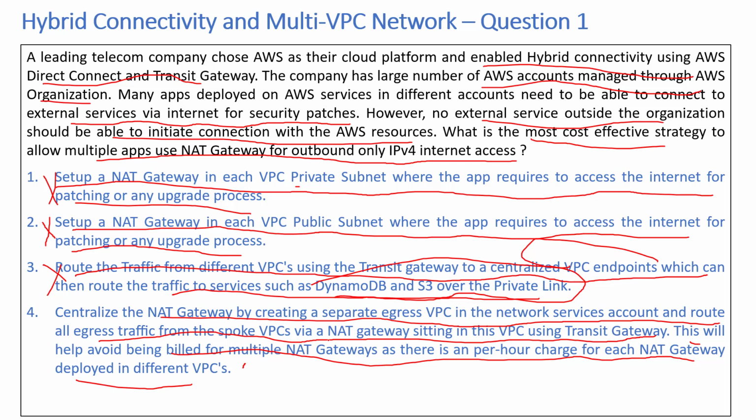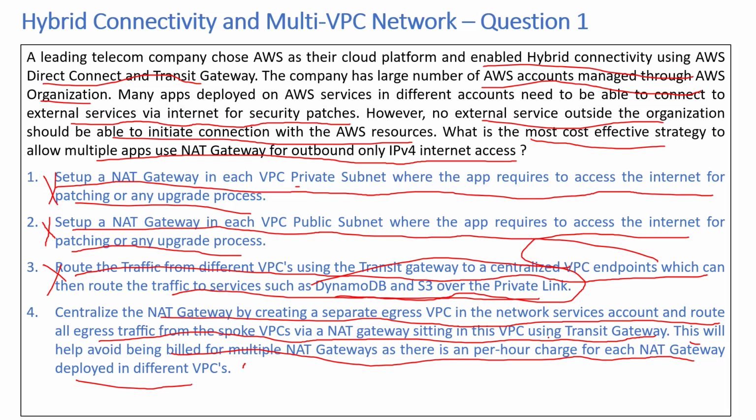So it's saying use the transit gateway to route the traffic to a centralized account, like a network account or shared services account, and then have an egress VPC where you will have the NAT gateway. All the traffic is routed from different VPCs to this particular NAT gateway, and then the traffic can go out. The advantage is that you will need just one or two NAT gateways in a single VPC, which would be highly cost effective.